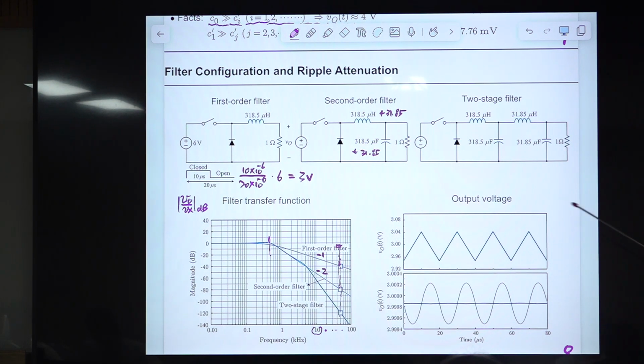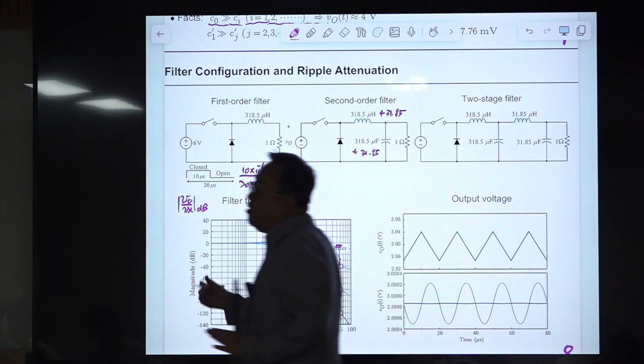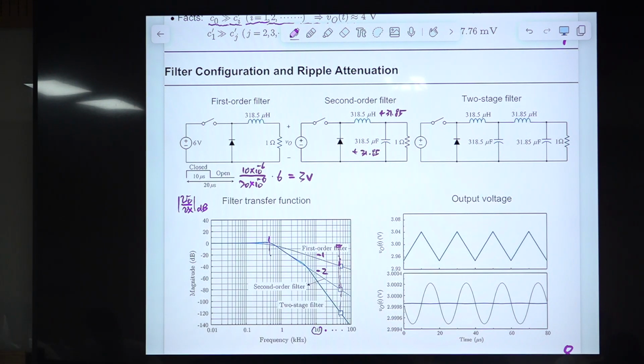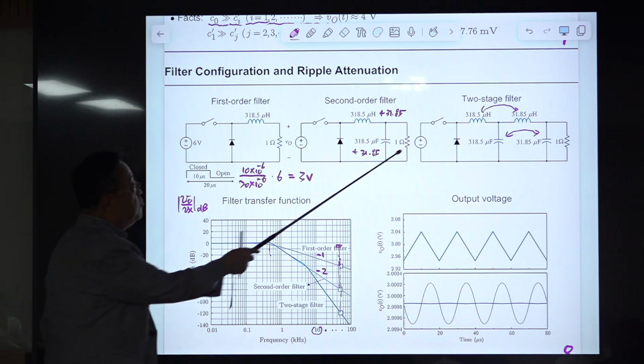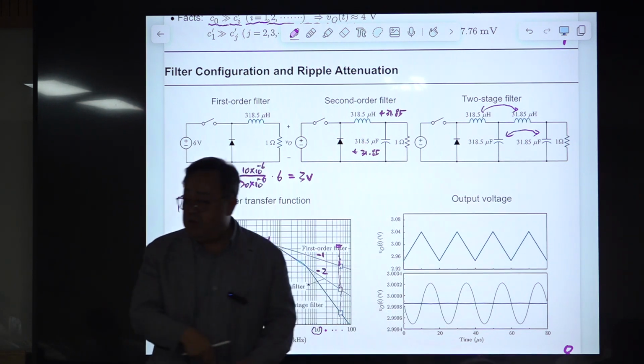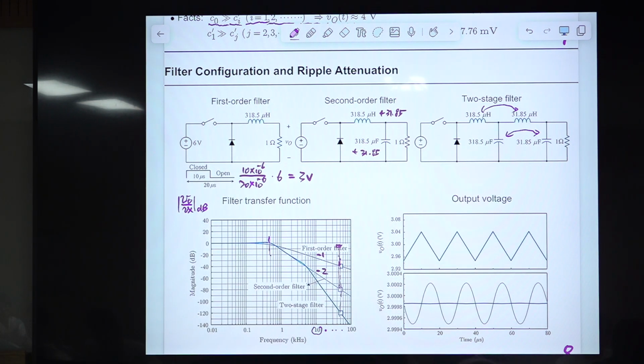So this is one potential configuration, but a better configuration is you swap the position of this and this, and the position of this and this. This is far better than the previous one. Why is that? Okay, let me show this.